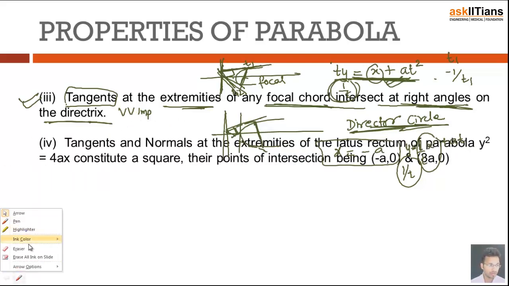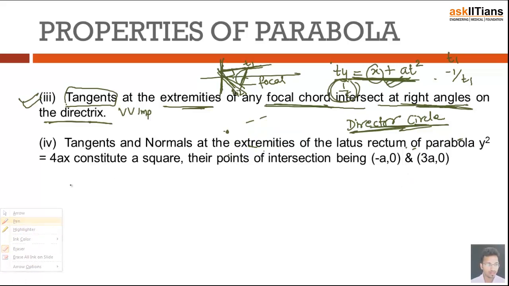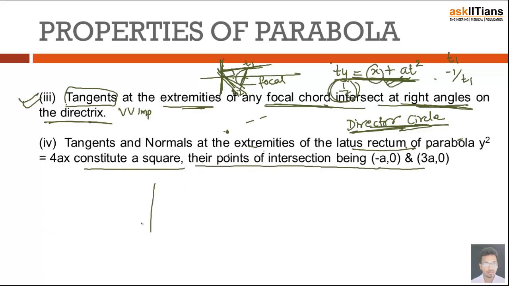So if I erase it from here so that it becomes visible, it says tangents and normals at the extremities of the latus rectum of a parabola constitute a square, with their point of intersection being this. What it says is that if this is a parabola, tangents and normals at the extremities of the latus rectum, the double ordinate passing through the focus.